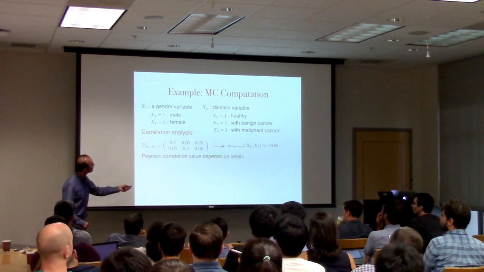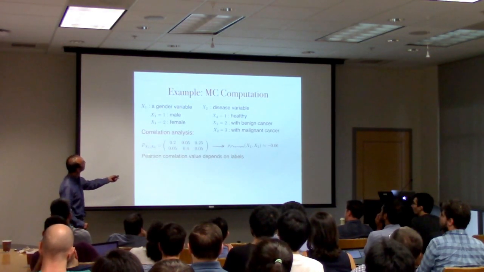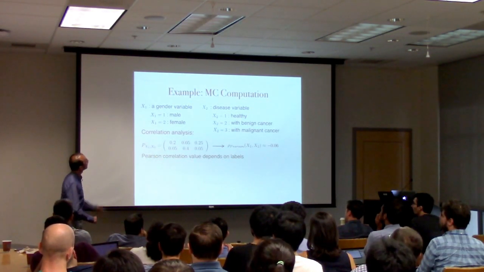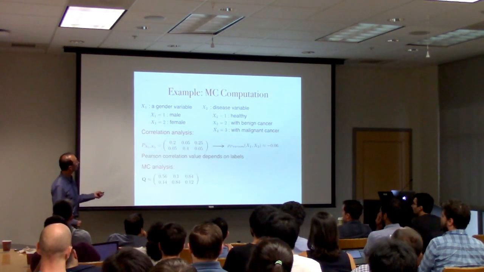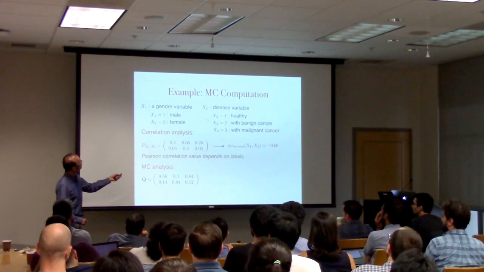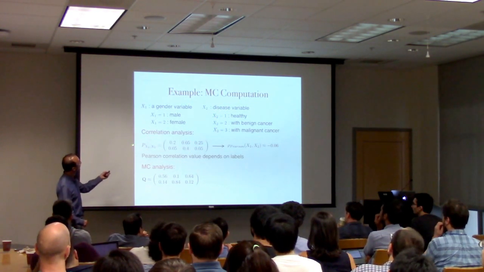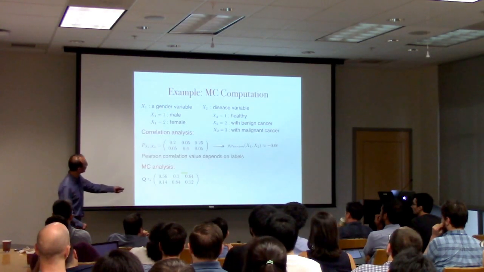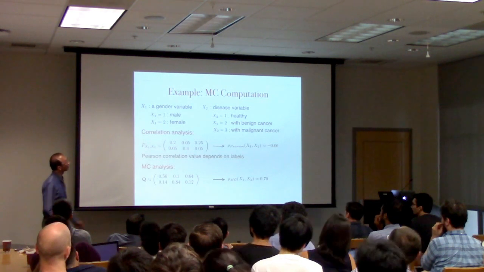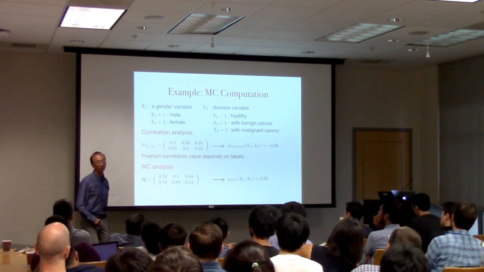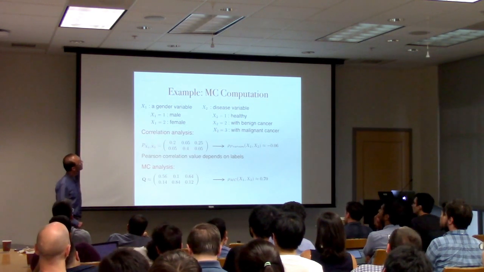Just to emphasize, the correlation value depends on the label, how you label these values. So the labels are now 1, 2, 3, and 1 and 2. Maximum correlation allows you to optimize over all possible labels. If you compute that Q matrix that I wrote down earlier, you get this matrix. When you compute the second singular value of this, you get this number, 0.7, which now suggests relatively strong dependency.